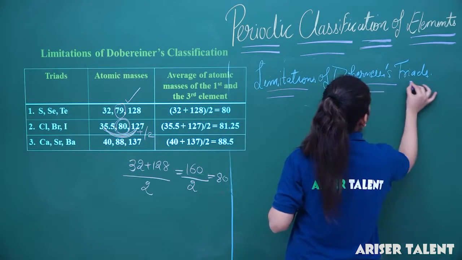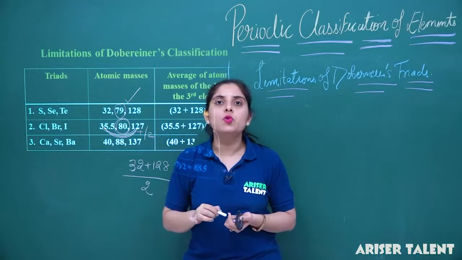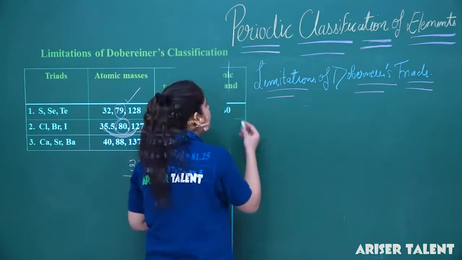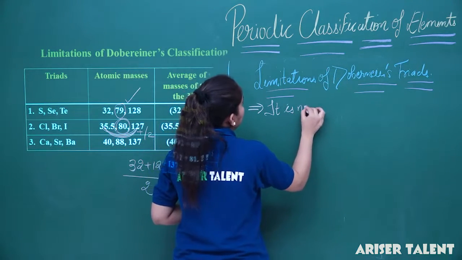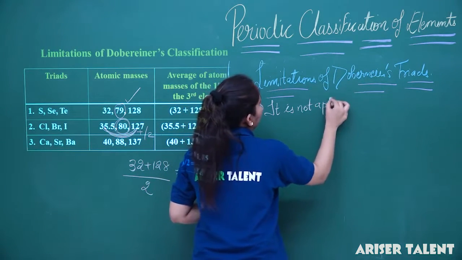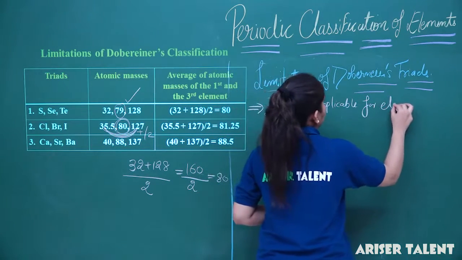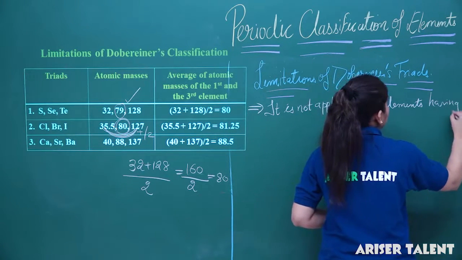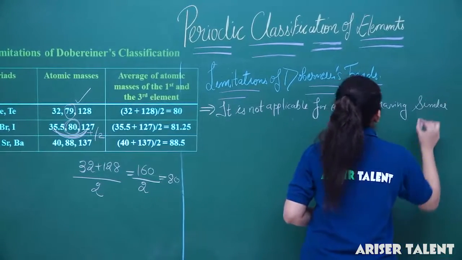Now the basic limitation for the Dobereiner triad is that firstly, this rule will not be applicable for certain elements having similar atomic masses. So it is not applicable for elements having similar masses.